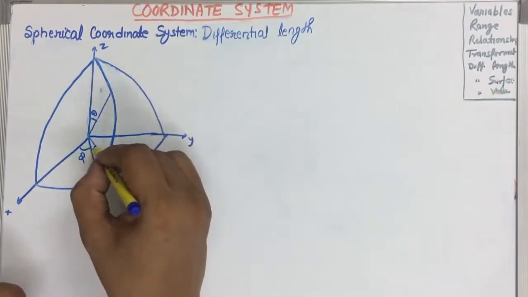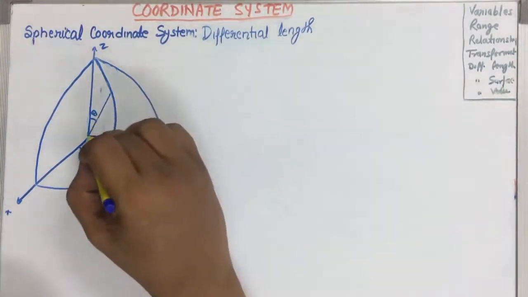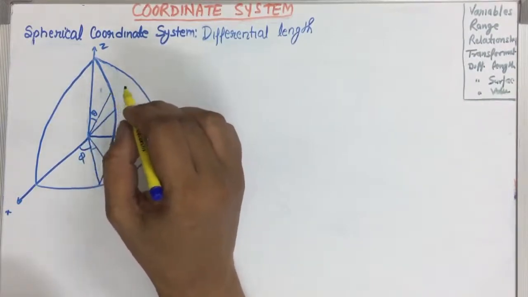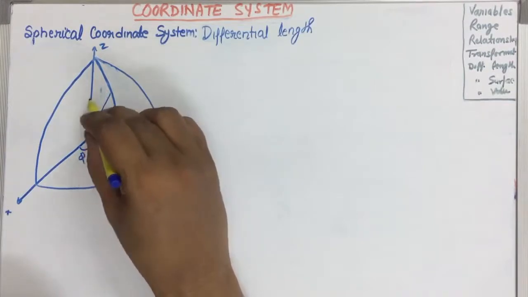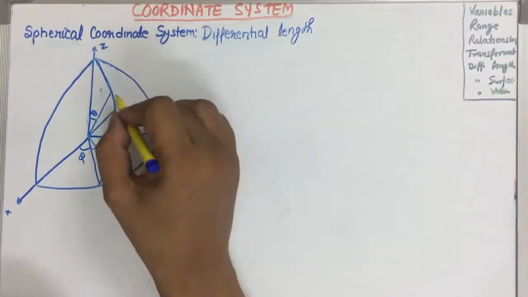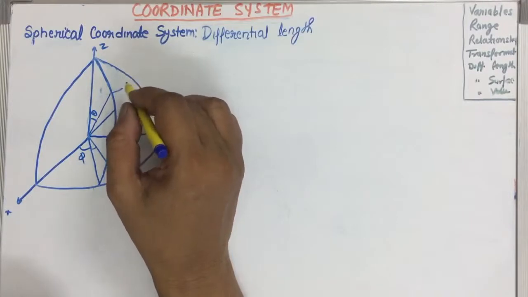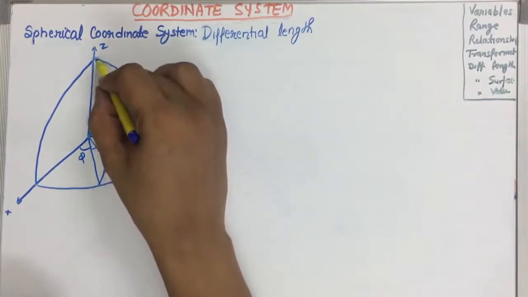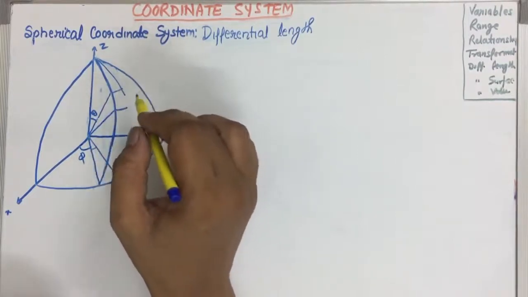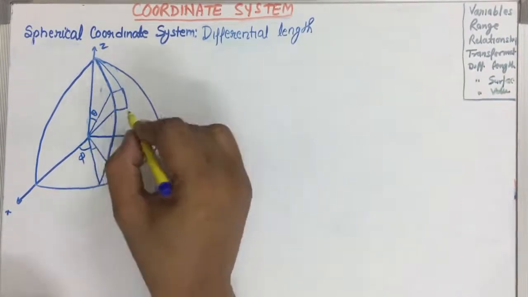A small angular displacement in the xy plane is made, that is d phi, and a small angular displacement in theta is done here. So this displacement is reflected here, and this displacement is reflected here, like that.